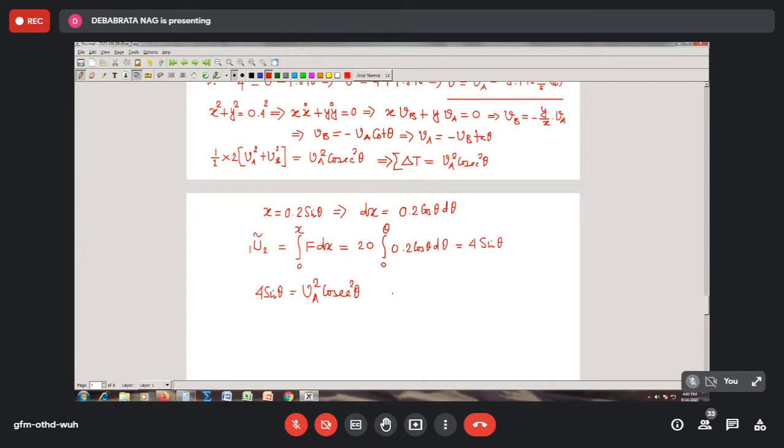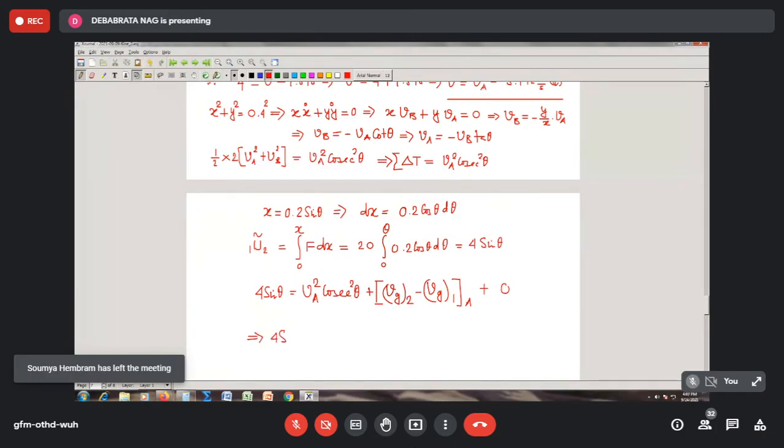Then you can write from here the change in the gravitational potential energy, which is Vg2 minus Vg1 for block A, because for block B everything is 0. Okay? So you see how your problem can get complicated.